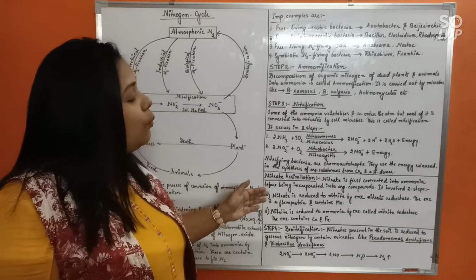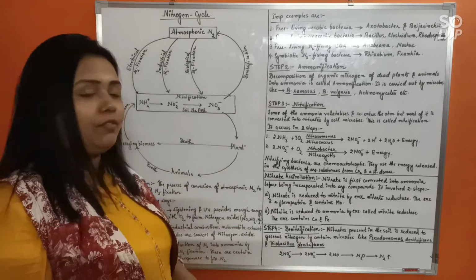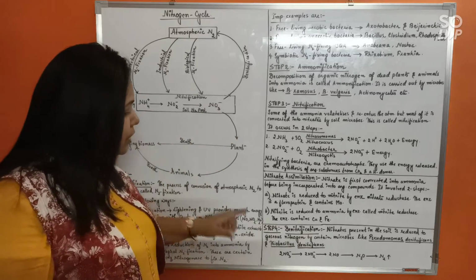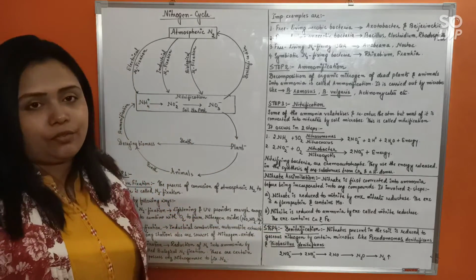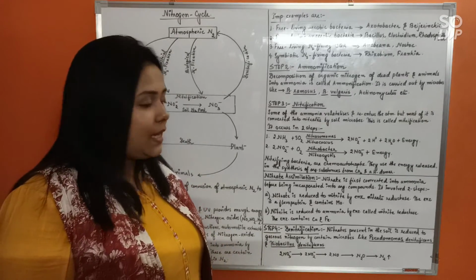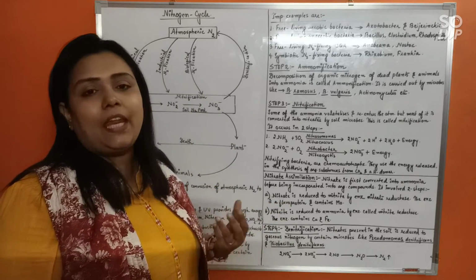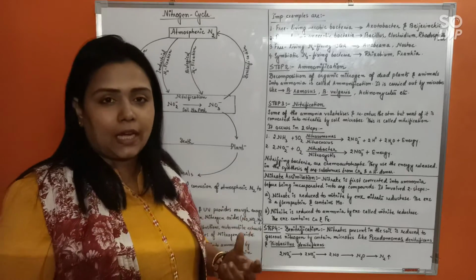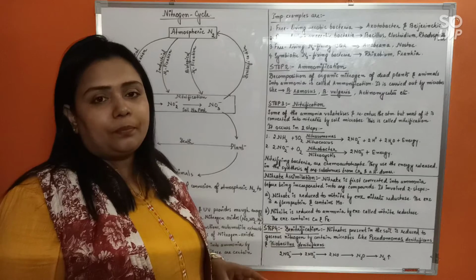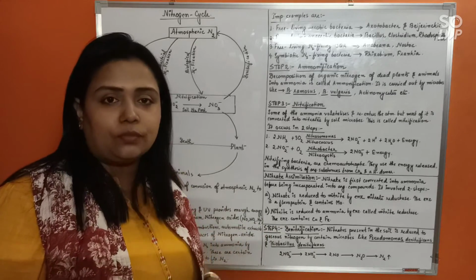But otherwise, in the nitrogen cycle, what would be happening after nitrification? In the nitrogen cycle, after nitrification, there is step 4, that is denitrification. Okay, in denitrification, what would happen? See, whenever there is anaerobic condition, say waterlogging condition or any such thing, the nitrate is used by certain kinds of microbes as a source of oxygen.